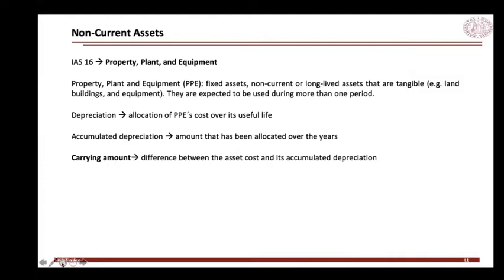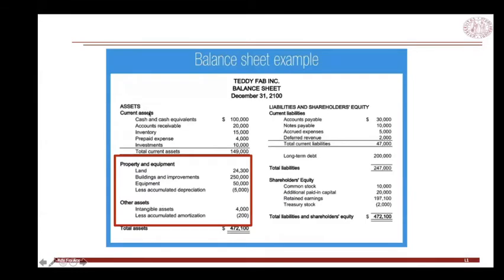If you go back, you see that current assets are cash and cash equivalents and accounts receivable. Accounts receivable is what we expect our clients to pay us for services and goods that we as a company have already delivered. So this is what the clients owe us.